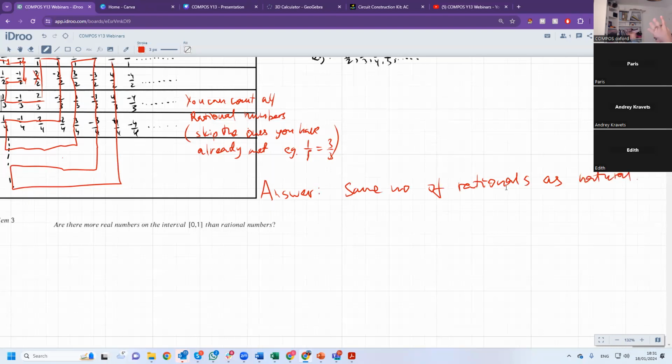And that's bonkers, because I couldn't believe that when I learned that. It's like you take the interval from 0 to 1, and there's an infinity of rational numbers, and yet you can count them.